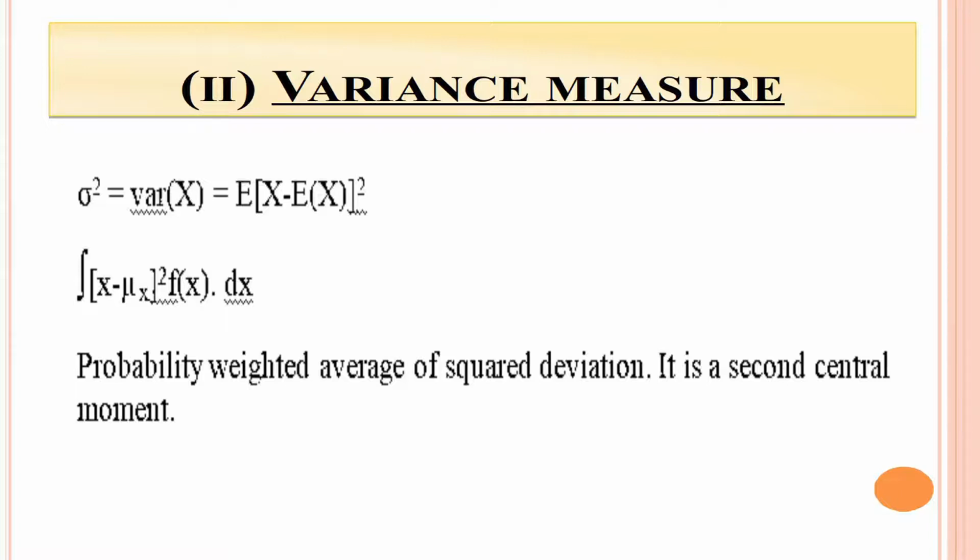This may otherwise be written for a continuous random variable as the integral of (x minus mu of x) whole square f of x dx. The variance measure defined for a random variable is the probability weighted average of squared deviation. It is the second central moment.